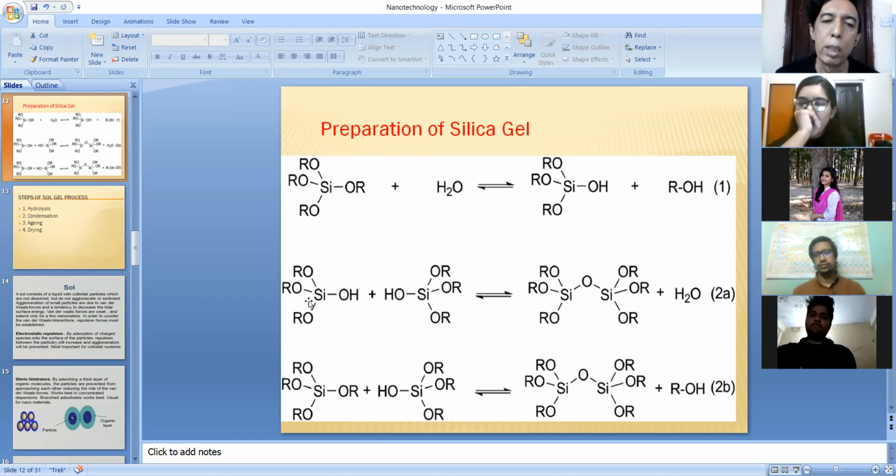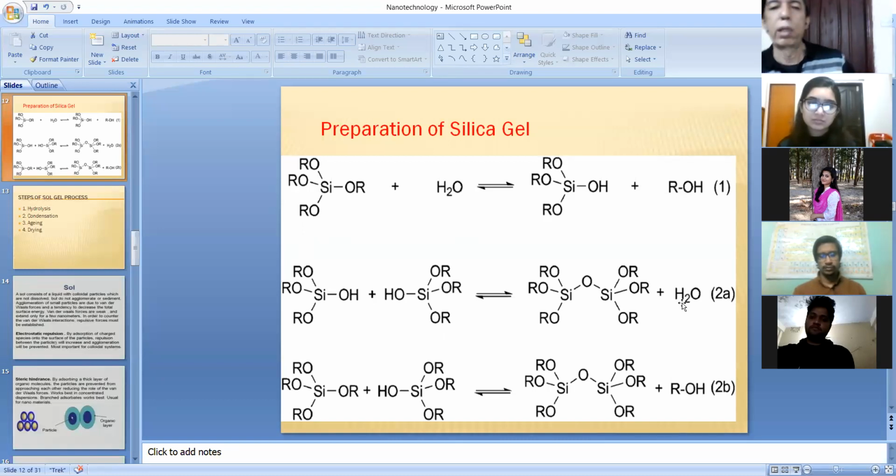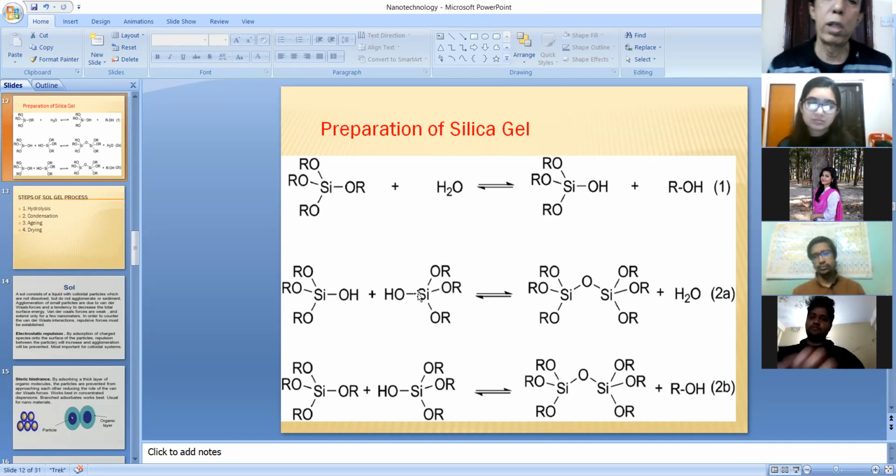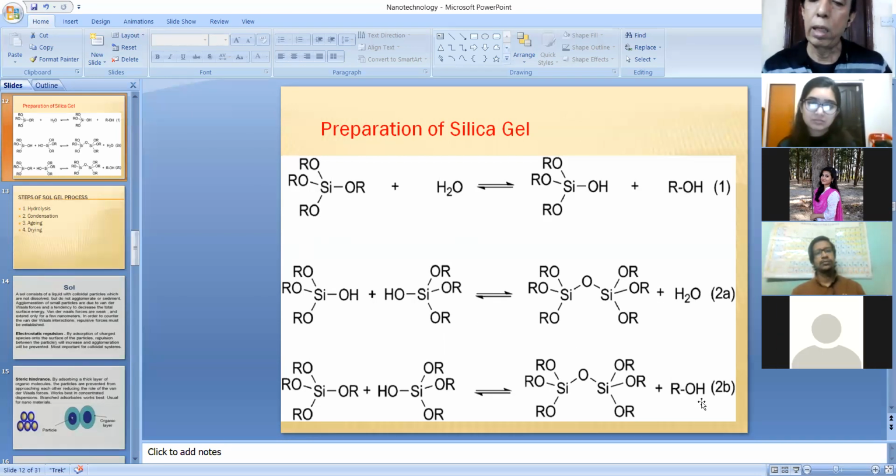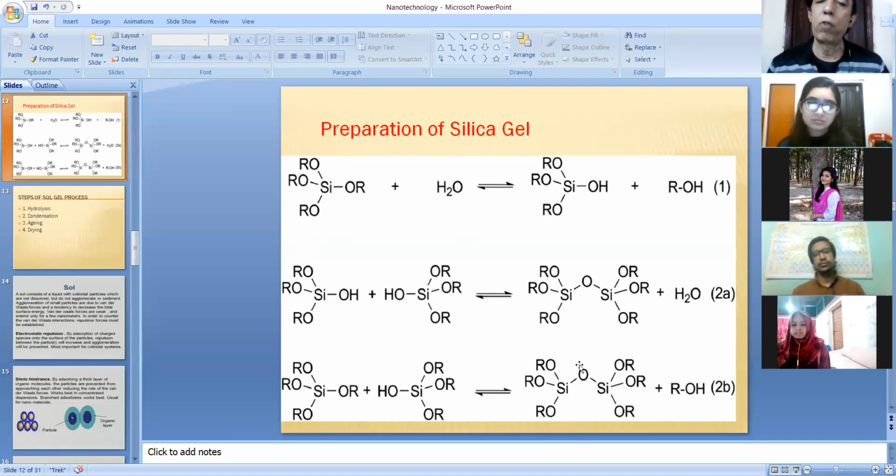Here water comes out from this condensation reaction, and here alcohol comes out from this condensation reaction. In both cases, the compound is the same.